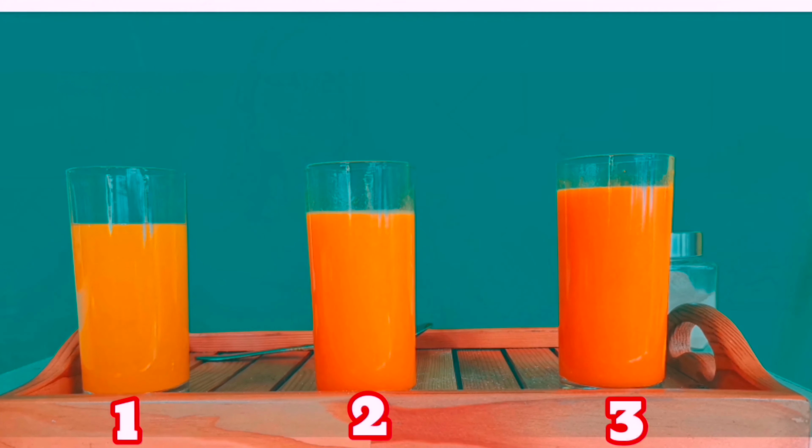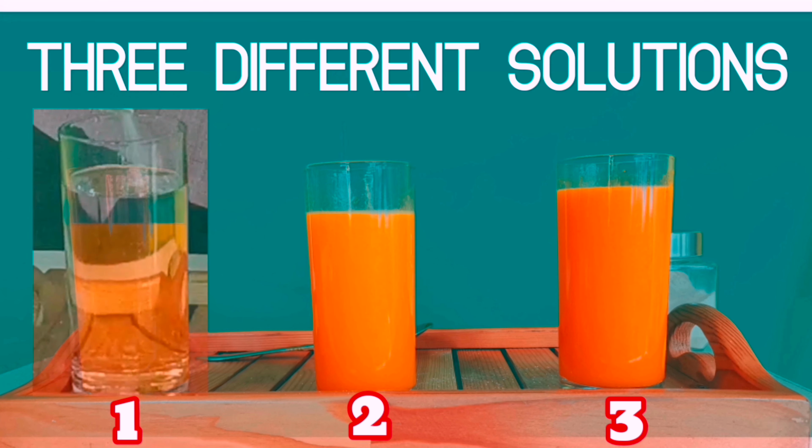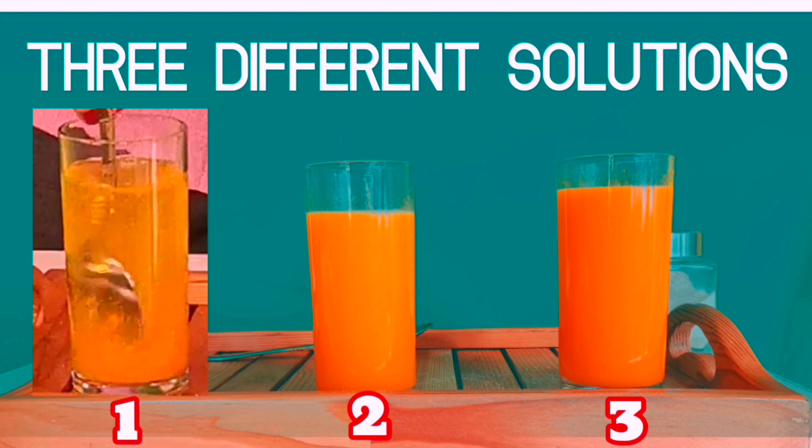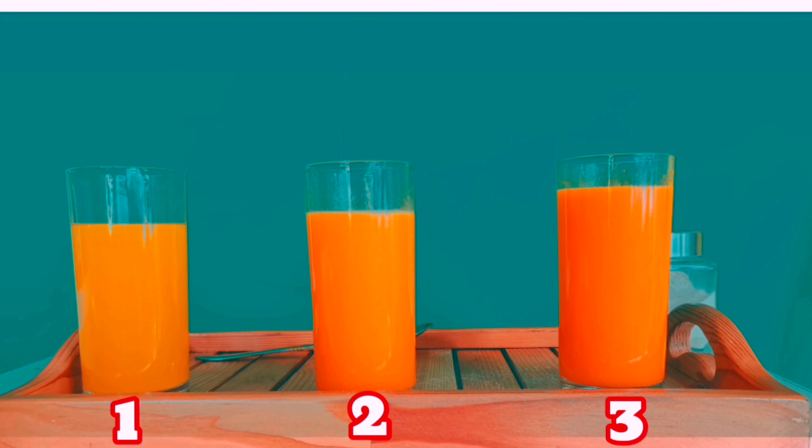To know more about the concentration of solutions, please watch this video while I'm still enjoying this orange juice. Cheers! We have 3 different solutions. This is because of the different amounts of powdered juice in the same quantity of water. The first glass, having 1/2 tablespoon of powdered orange juice with the same amount of water, turned into a light color.